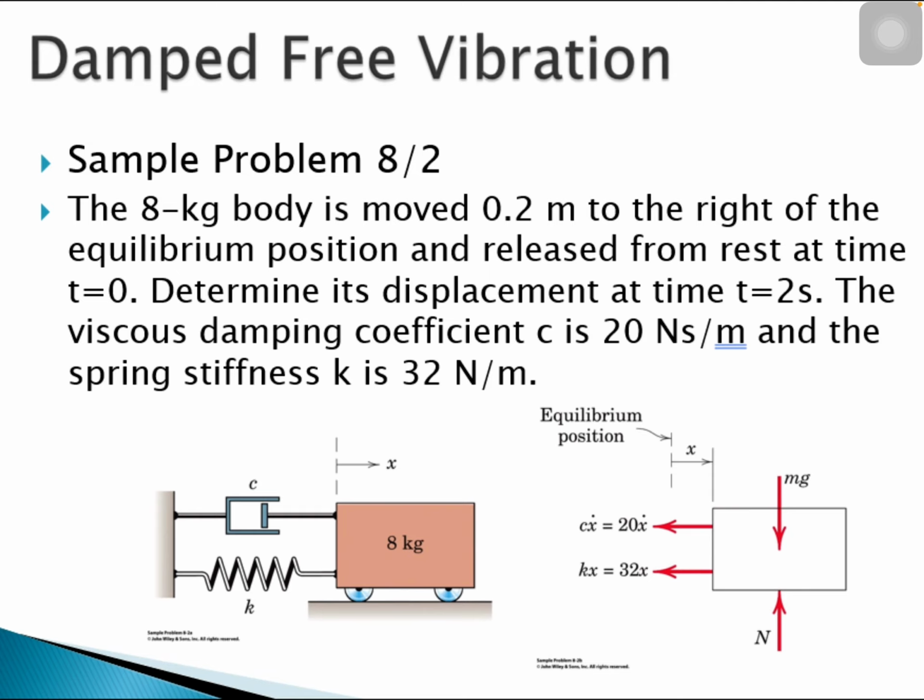We have an 8 kilogram body, it's right here, the brown body, and it is moved 0.2 meter to the right. So in the x direction, it is moved 0.2 meter from the equilibrium position.